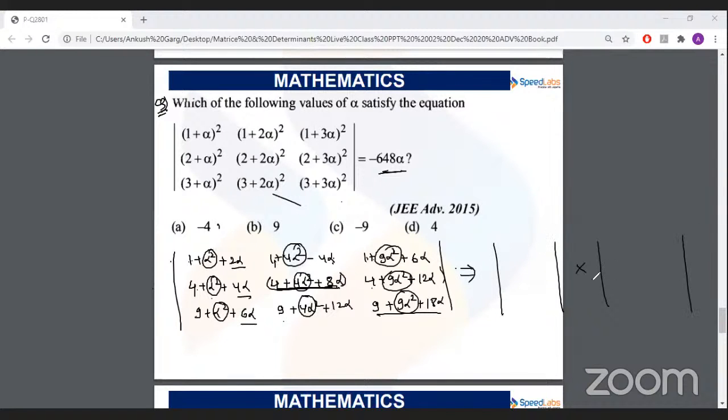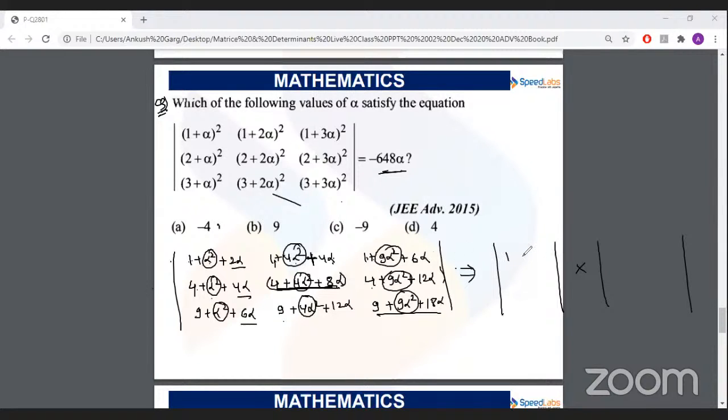So how to then write it in the form of multiplication of two determinants? Let's use row by column because उसकी हमें आदत है. We use that in matrices also. So here, if I want the first term of the multiplication to be this, 1, alpha square, 2 alpha, ठीक है, और second मुझे चाहिए 1, 4 alpha square, here it will be 4 alpha, and 1, 9 alpha square, 6 alpha.